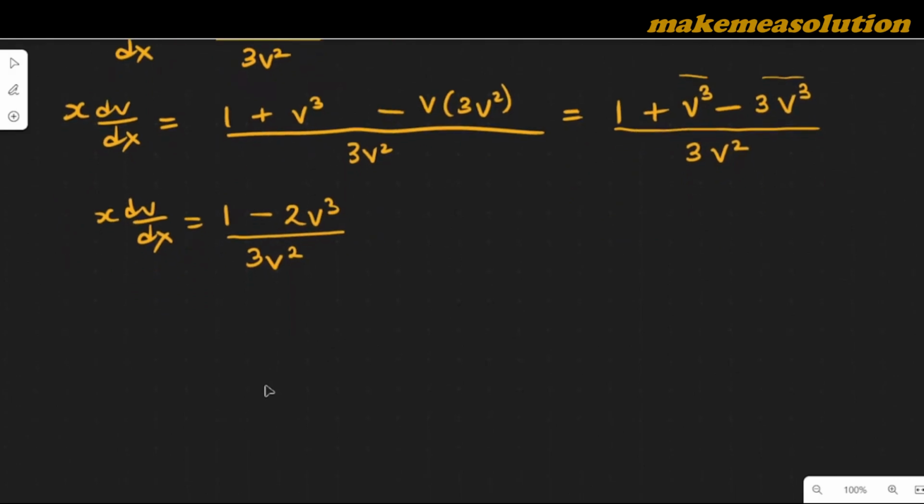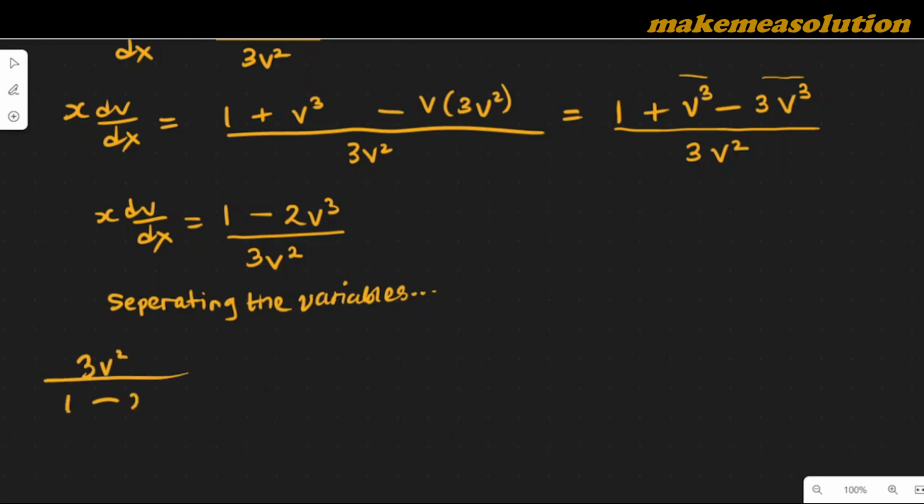So let's separate the variables now. We can actually separate the variables. So separating the variables, we'll now have 3v squared over 1 minus 2v cube dv is equal to 1 over x dx, like this.